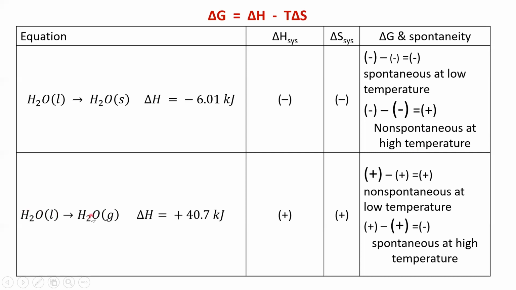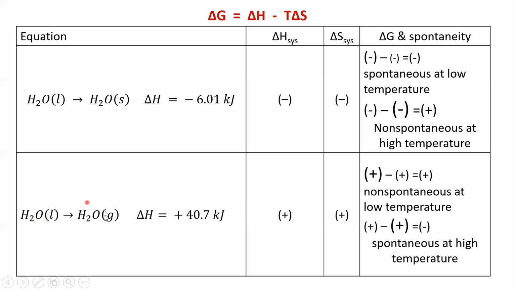So let's look at the opposite example. We've got liquid and we want to change it to gas. So now we're boiling water. Well, to boil water, we have to add energy in, so it's an endothermic process. That's not enthalpy favored.